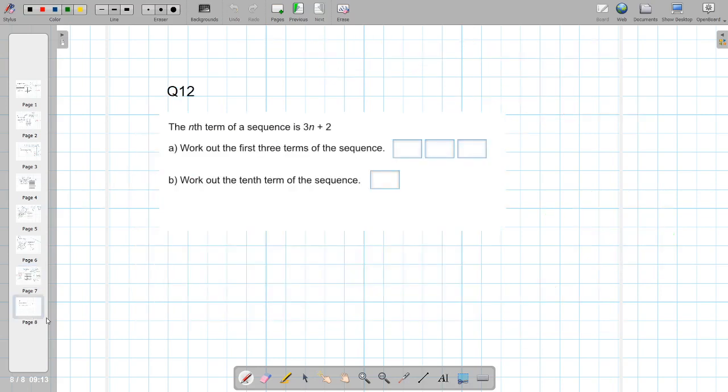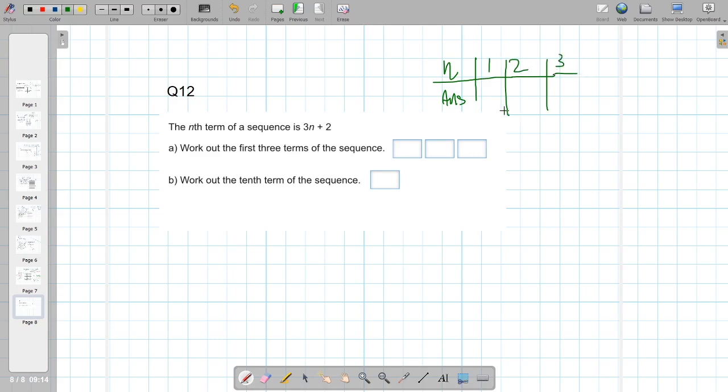Okay, let's have a look at the last question, which is slightly different. We've got sequences here, but it works the same way. What they say is the nth term of a sequence is 3n plus 2. Work out the first 3 terms of the sequence. So we are looking for answers when the values of n are 1, 2, 3, right?